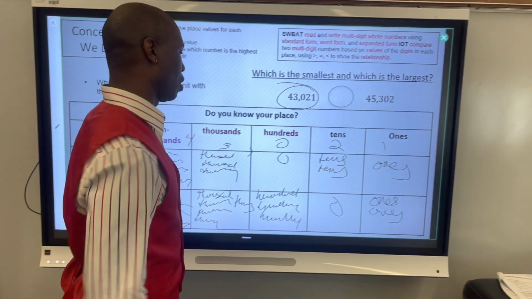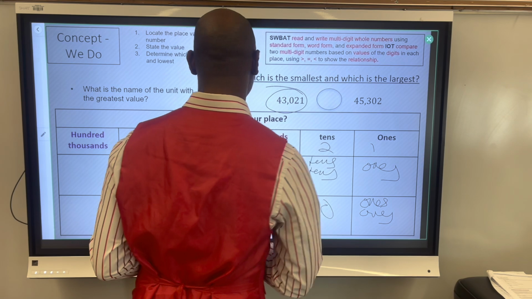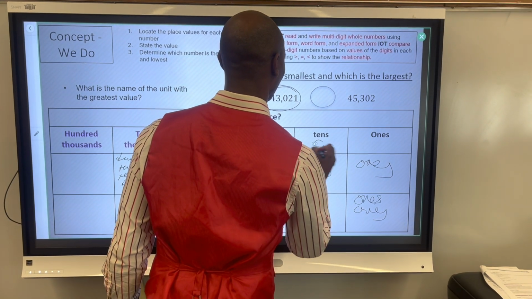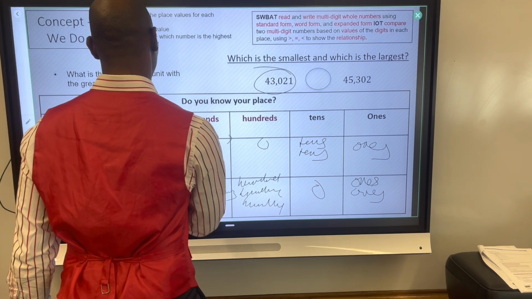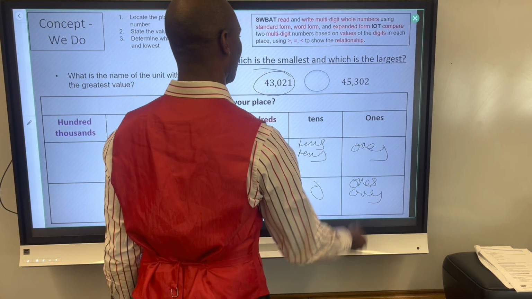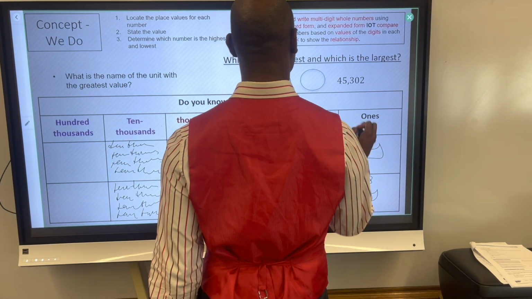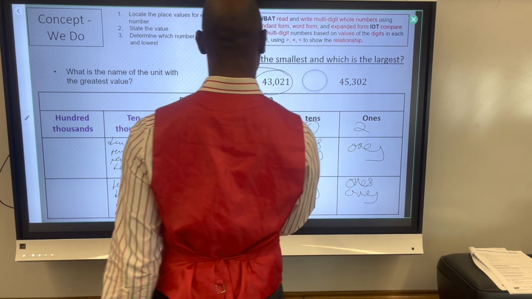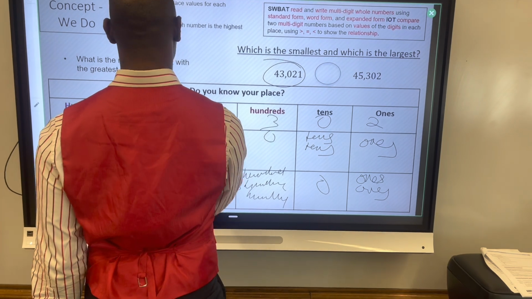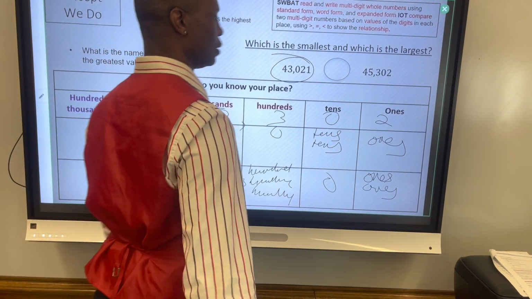All right, so based on that, help me write it out, everybody. What will I see in this set? So I'm going to write 2, 2, 0, 3, 5, 4. Give yourself a hand.